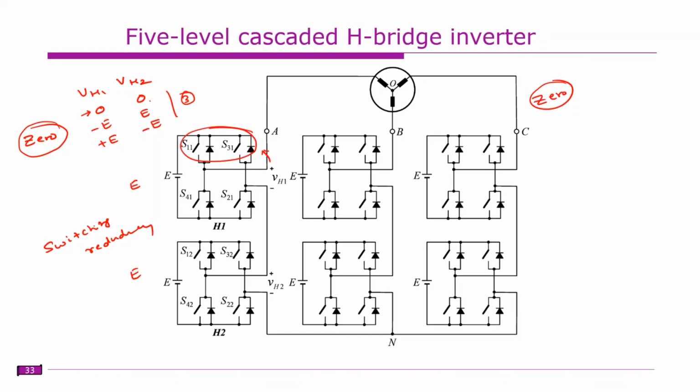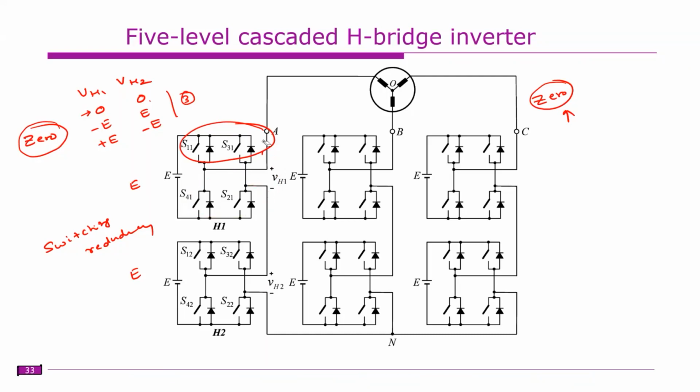But if you change it, for example, if at one instant you want 0 voltage, you choose this one, and at the next instant, whenever you require 0 voltage, you choose this one. What will happen? The losses while attaining 0 voltage are shared equally, or the switch conduction periods are shared equally.